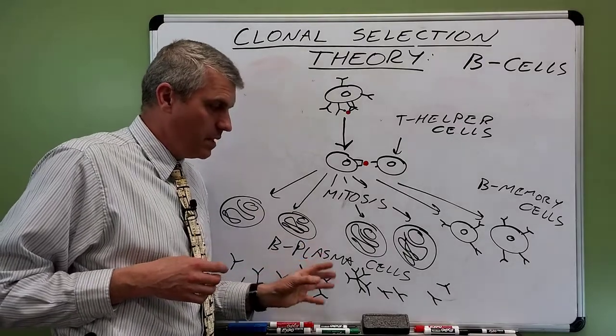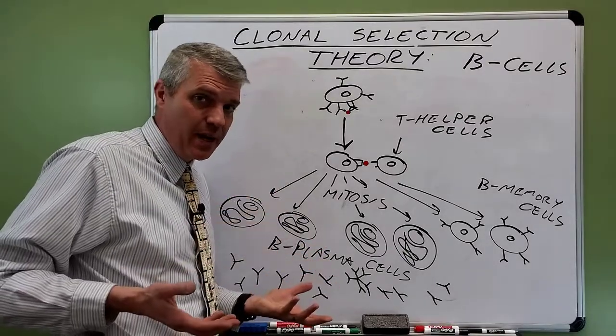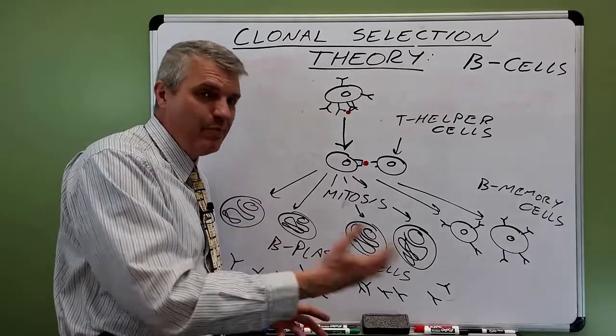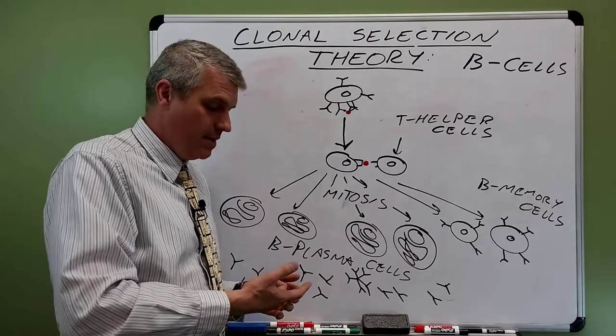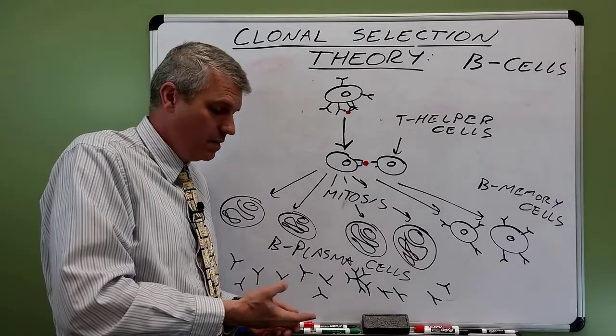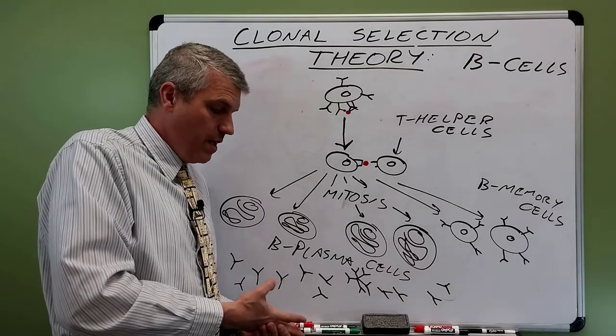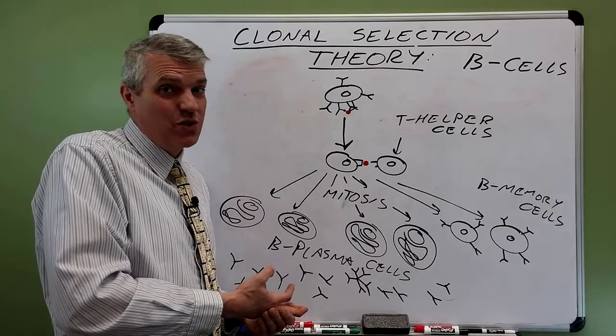And those plasma B cells, again, they work themselves to death, producing billions of particles of antibody that will then go out and bind to that alien antigen and give it a bad day, whether that bad day is inactivating the alien antigen so it can't have its negative effects, or simply tagging that alien antigen for destruction.